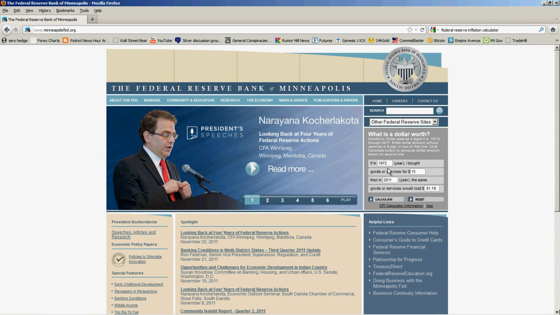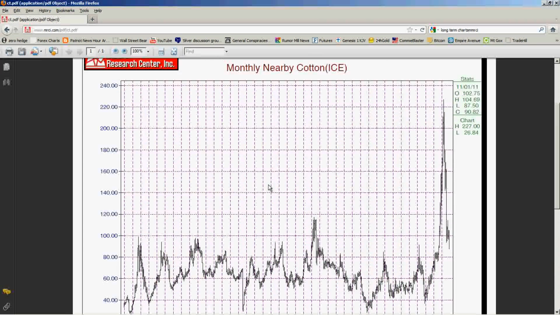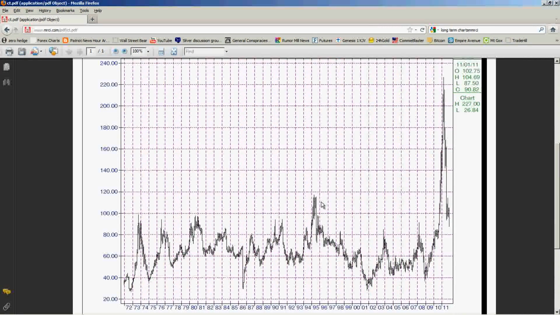So if we had 80 back in 1972, that's going to equal about 433 today, just accounting for inflation. And you can see that 80 for all these years, just as recently as 2009, our high was 80 before this breakout, and we're coming back down towards it.